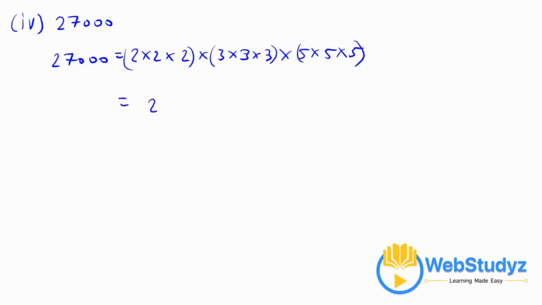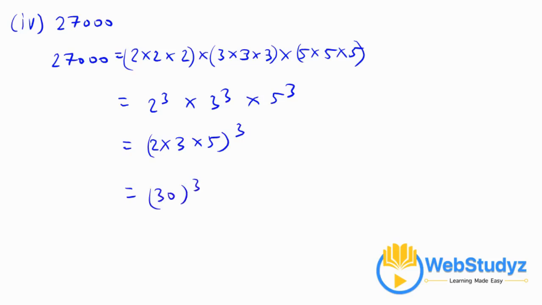This can further be written as 2 to the power 3, 3 to the power 3, 5 to the power 3, which will be equal to (2 into 3 into 5) whole power 3, which will be equal to 30 to the whole power 3. That means we can say that 30 is the cube root of 27,000.